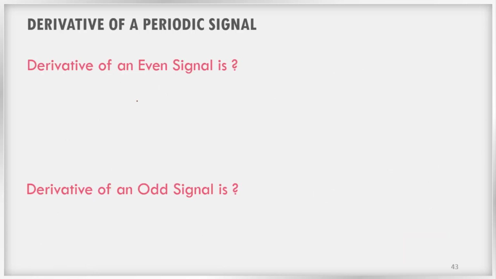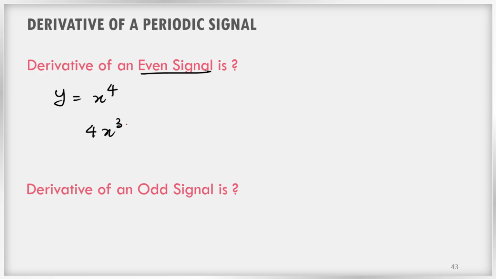Here the question is: is the derivative of an even signal even or odd? We can either prove it mathematically, or consider some examples of even and odd functions. So let us take an example: y is equal to x power 4. Assume that a signal has this particular shape. Now what is the derivative of x power 4? It is 4x cube.